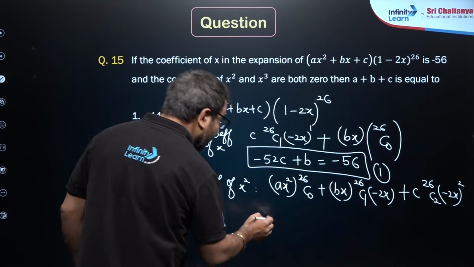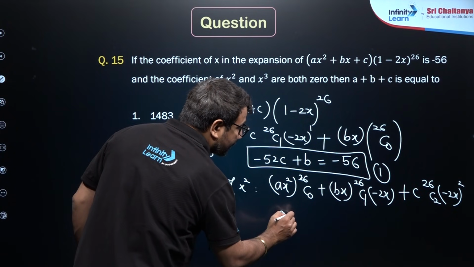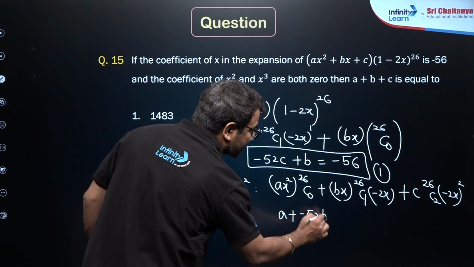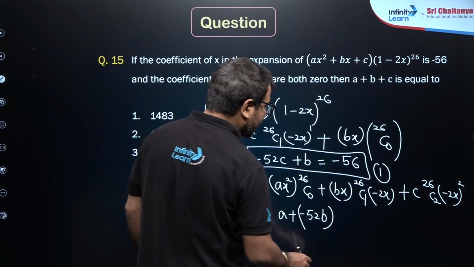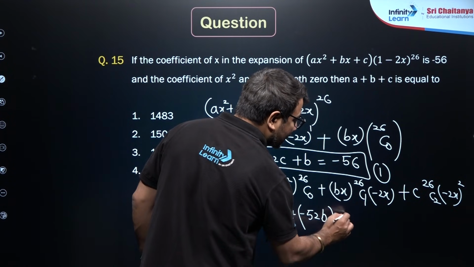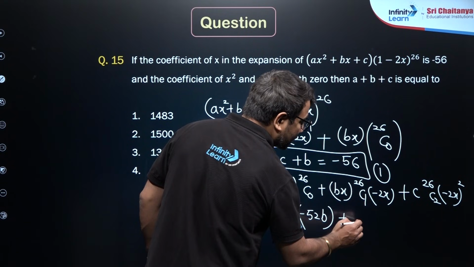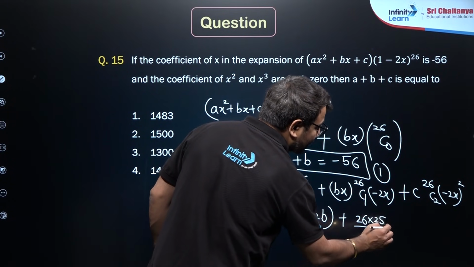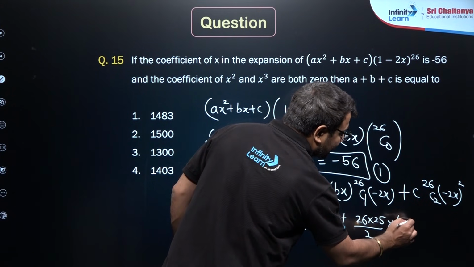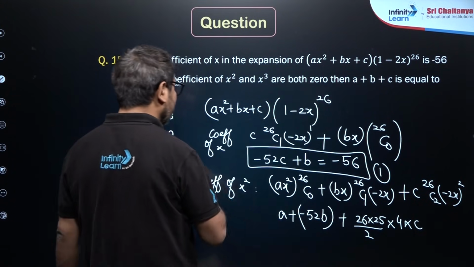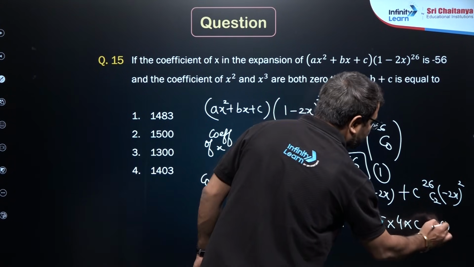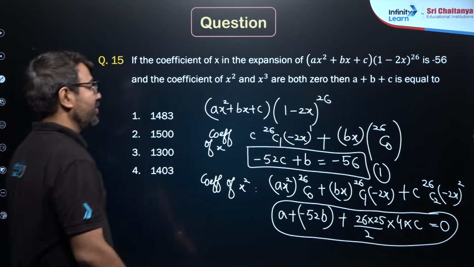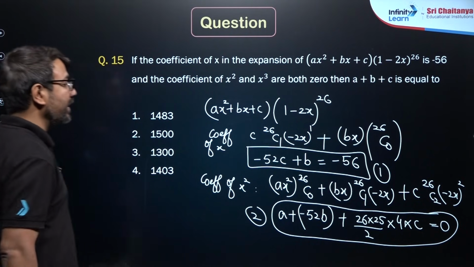Now you just take the coefficient part, so that will become a. Here it will be -52 times b, and here, my dear students, it will be 6C2, so 26 into 25 whole divided by 2, into 4, into c. The sum of these will be equal to 0. I hope you are able to understand. So this is the second relationship.